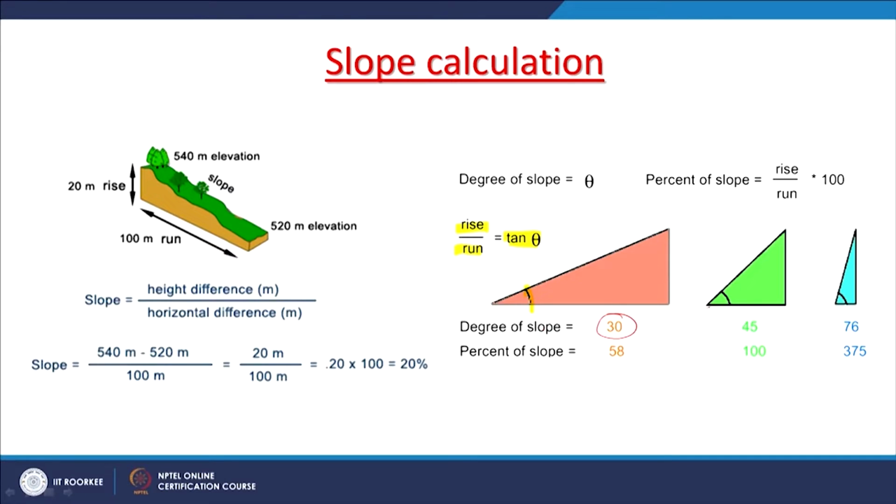Here the run and rise are the same, so tan theta, or tan 45, is 45 degrees. And in this case, when run is less and rise is very high, then we may have a much higher degree of slope. Now, the same slopes can also be represented in the form of percentage. When we rescale from 0 to 90 degrees to 0 to 100, then we can represent them in terms of percentages.